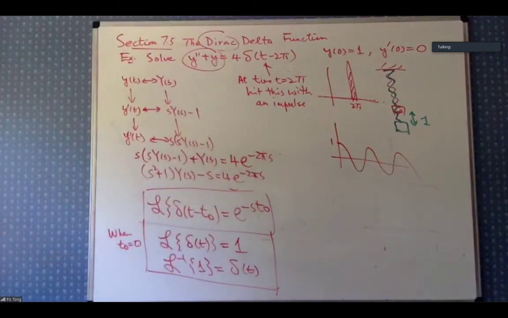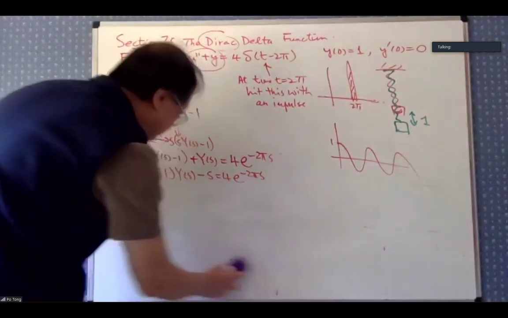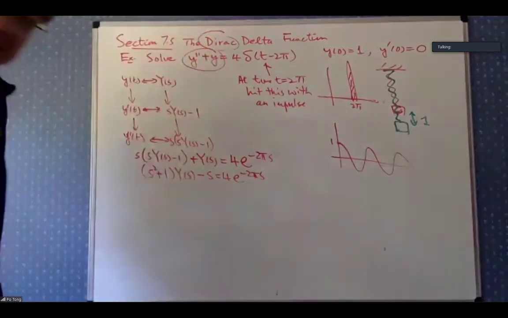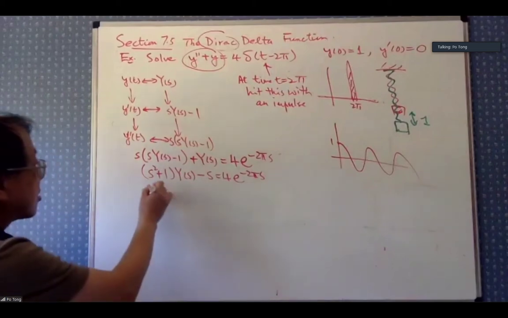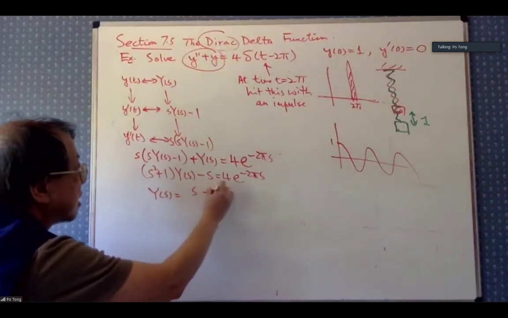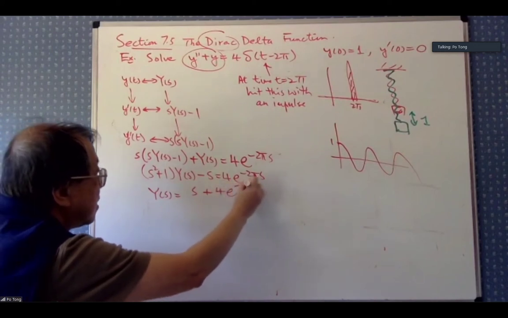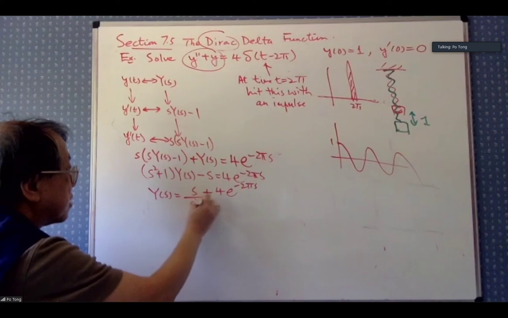And I will have Y(s) will be s plus this guy divided by s squared plus 1.